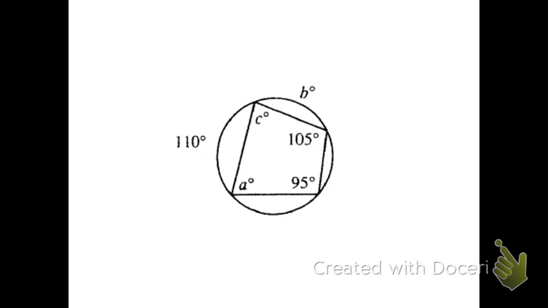So, first, I guess we could figure out what angle, well, let's look at this arc right here. This arc that I'm drawing in green. Since this arc that I'm drawing in yellow is intercepted by the inscribed angle 105, that means that that arc has to be double 105.